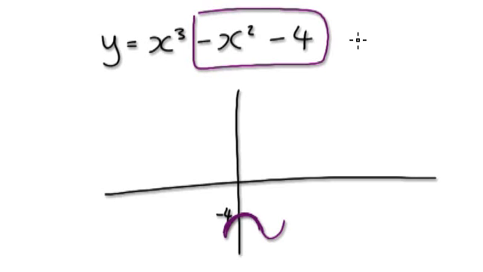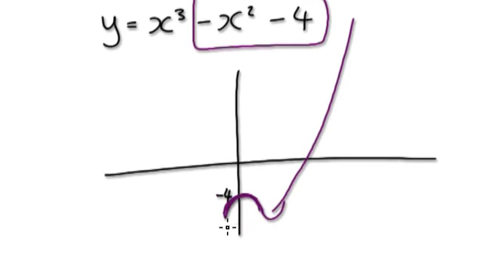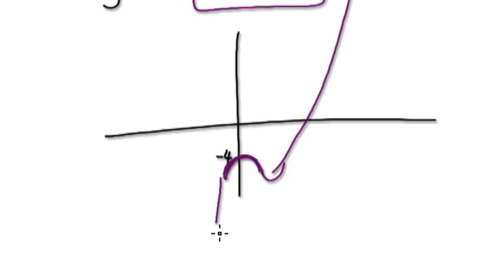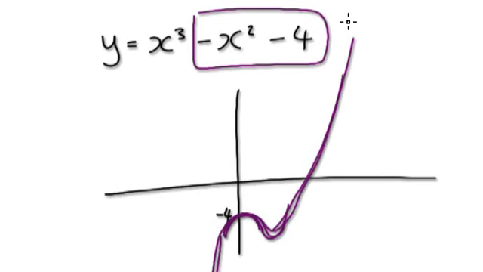I'm going to do something like this, okay, and then down here it's going to go something like this. So this is my guess for this line here, okay. So your graph, hopefully it will look something like this.